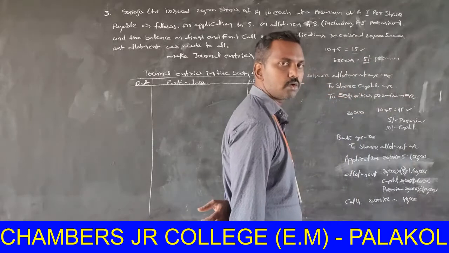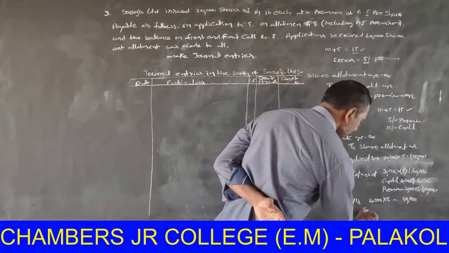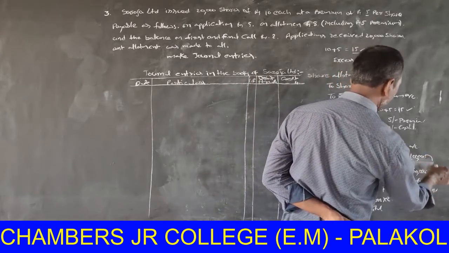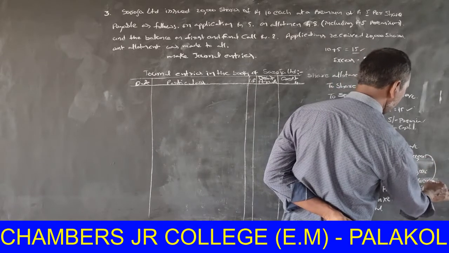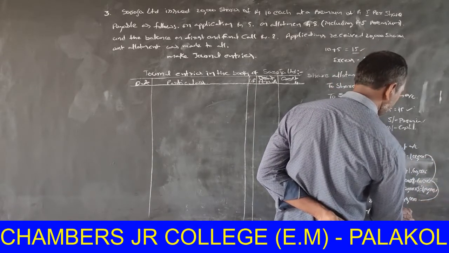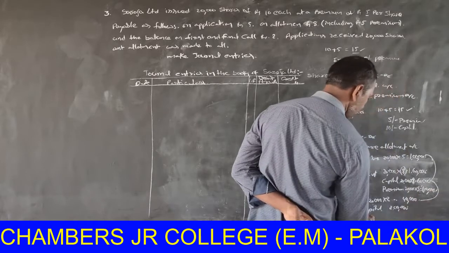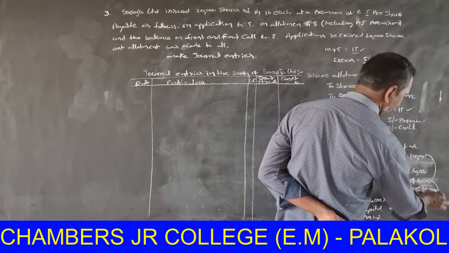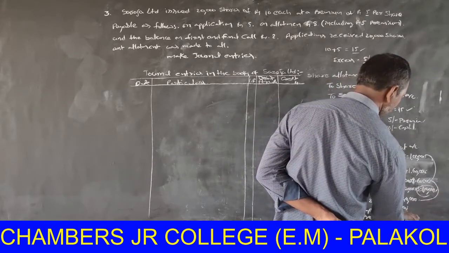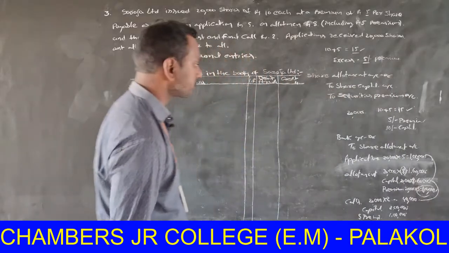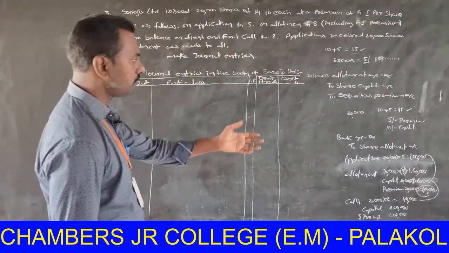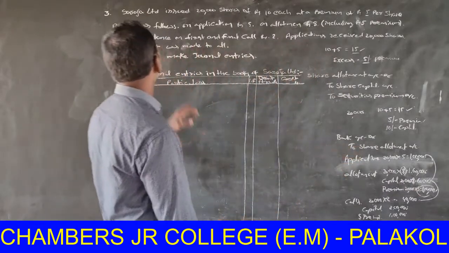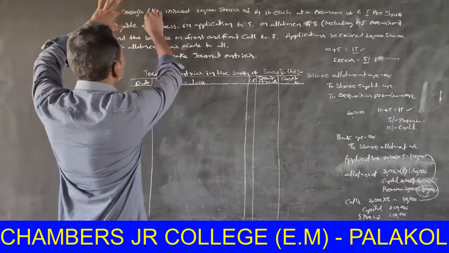So the total capital is 1 lakh plus 60,000 plus 40,000, which is 2 lakhs, and the securities premium is 1 lakh. This is the process of collecting money by the issue of shares in Saroja Limited.